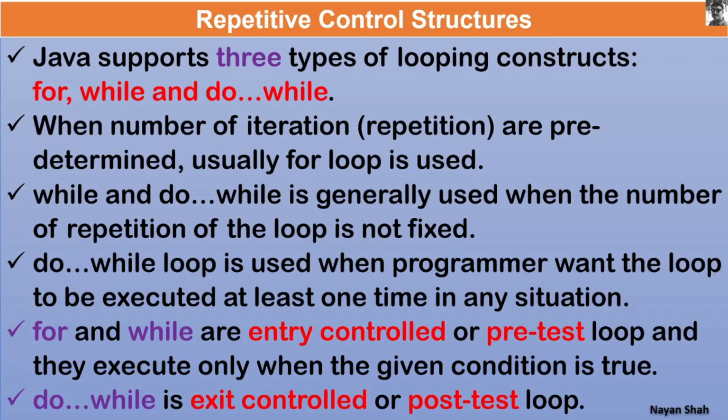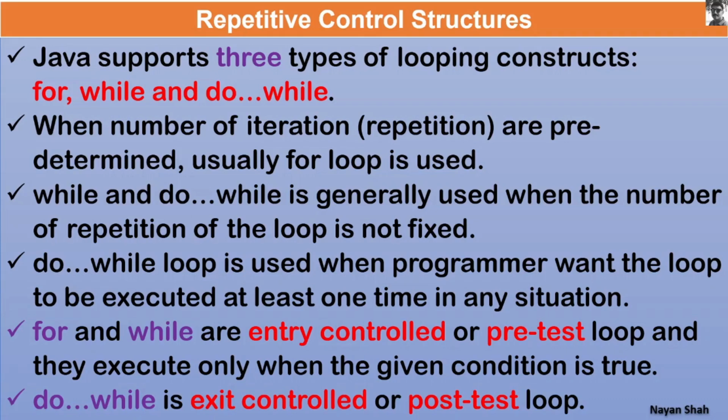No, it is not like that. This is in general. When the number of iterations is predetermined, usually we use a for loop, and when the number of repetitions is not fixed, generally we use a while or do while loop.